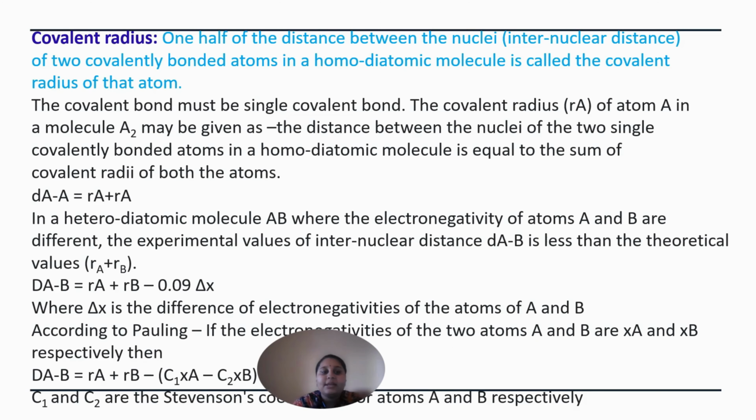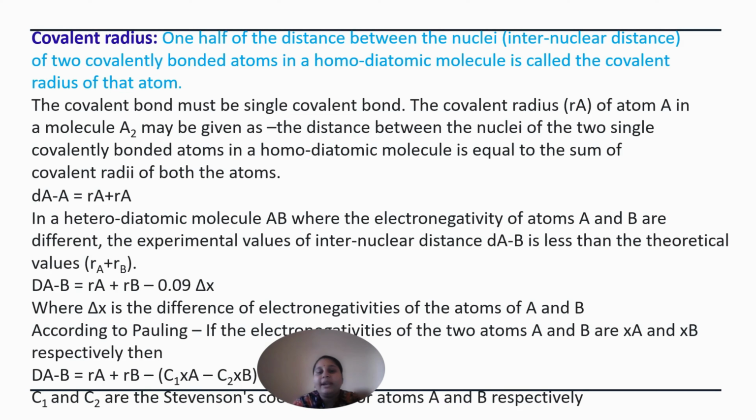So the next is covalent radius. One half of the distance between the nuclei of two covalently bonded atoms in a homodiatomic molecule is called the covalent radius of that atom. The covalent bond must be a single covalent bond.